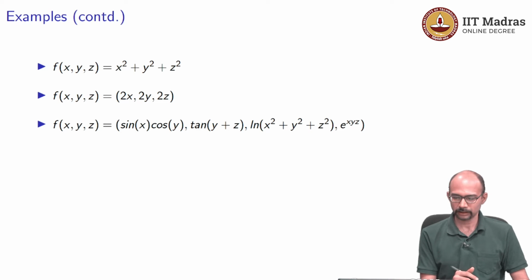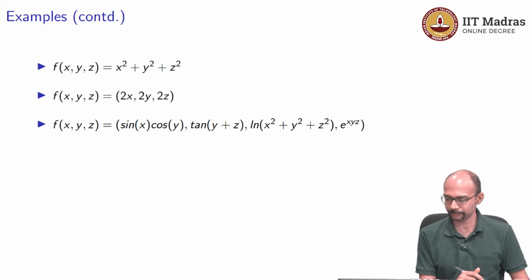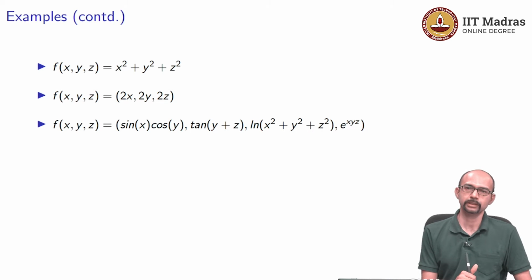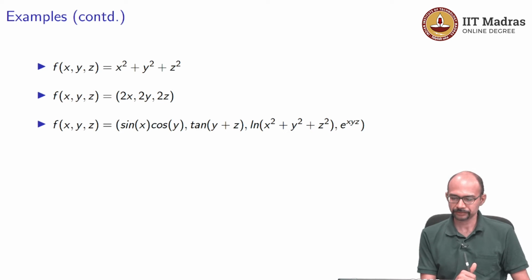And just as a more convoluted example, here is f of x y z is sine of x times cosine of y, comma tangent of y plus z, comma logarithm of x squared plus y squared plus z squared. Again, this can't take values when x y z is 0 and all three are 0. So, we have to define this function a priori on the domain where x is not 0, y is not 0, z is not 0.